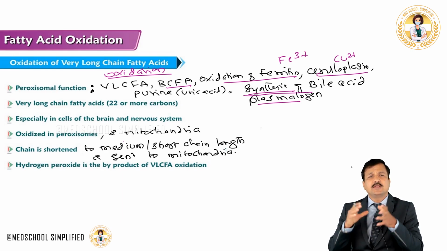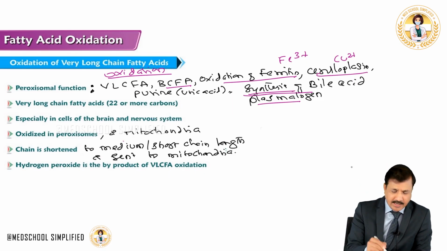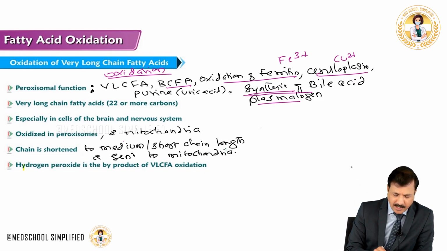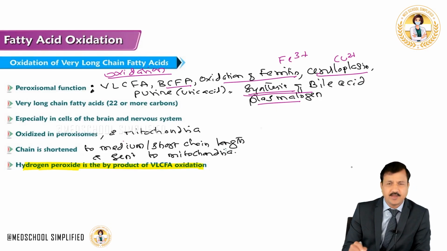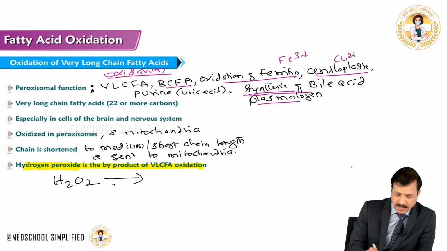Okay, so in this process of very long chain fatty acid oxidation, hydrogen peroxide is the byproduct of VLCFA oxidation, and this hydrogen peroxide is neutralized by the catalase enzyme into a water molecule.